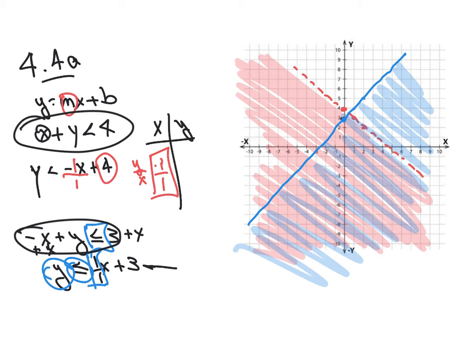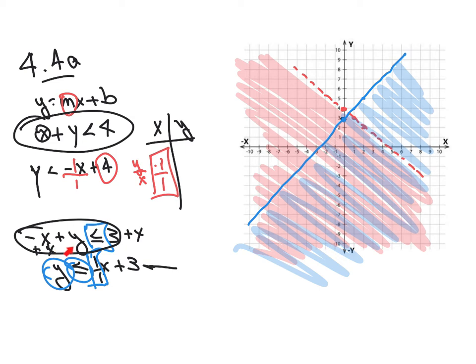So linear equations mean that we get a straight line here and we get a straight line here. The graph of the inequality means that we shade everything below, y is less than, so everything less than. And over here it also says y is less than, so we shaded everything less than or equal to. That's why we have a solid line here.